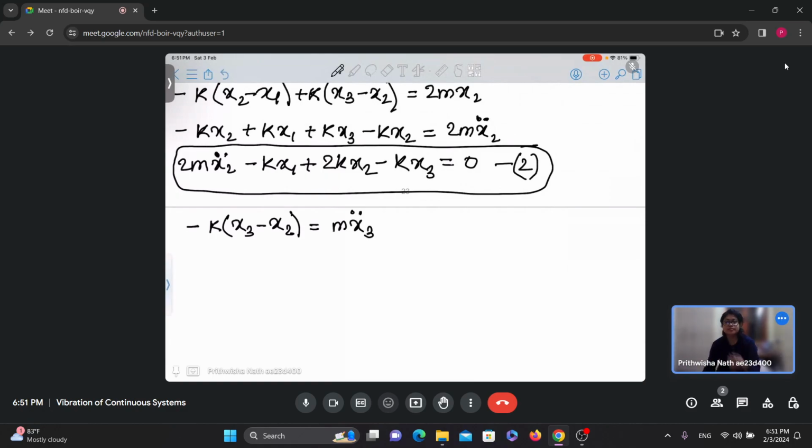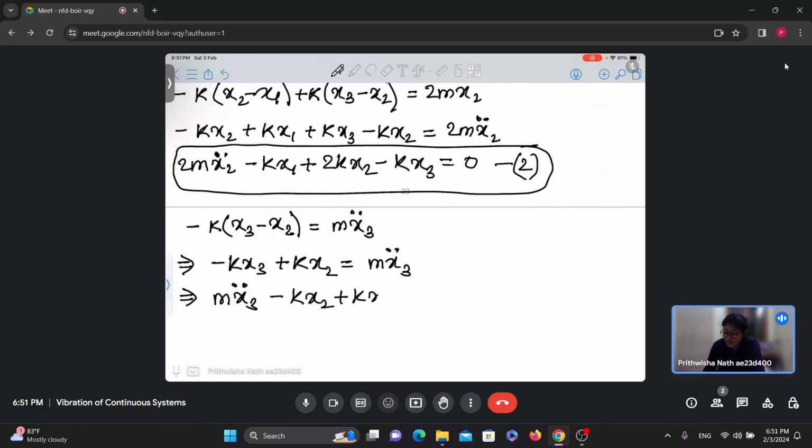I rearrange this equation as minus kx3 plus kx2 equals m x3 double dot. So m x3 double dot plus minus kx2 plus kx3 equals 0.